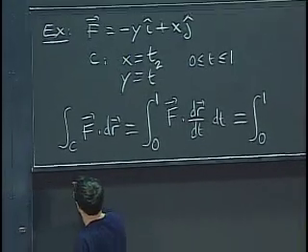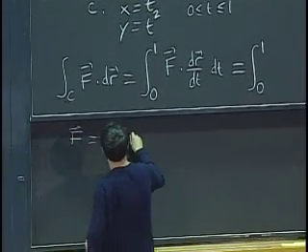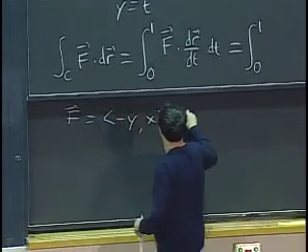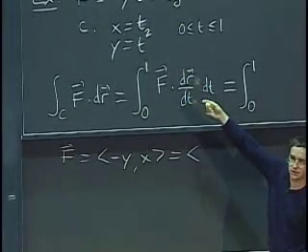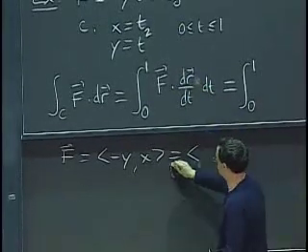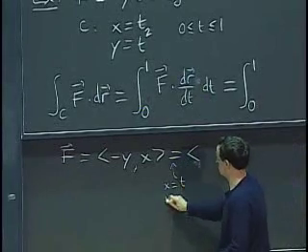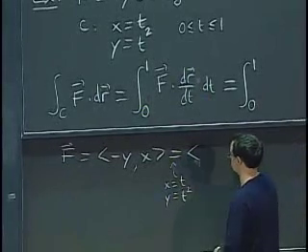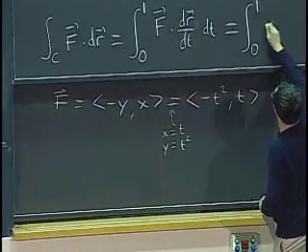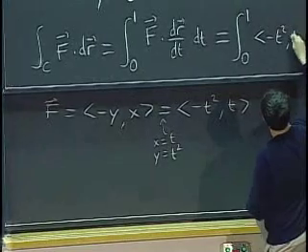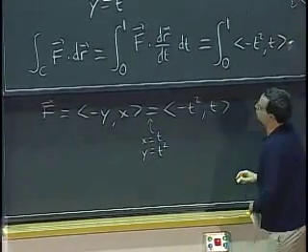F at a point (x, y) is (-y, x). But at the point where I am at time t, x is t and y is t squared. So I plug in x equals t, y equals t squared, and that gives me (-t squared, t).